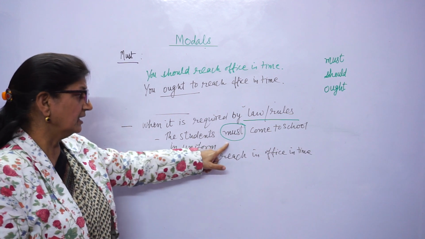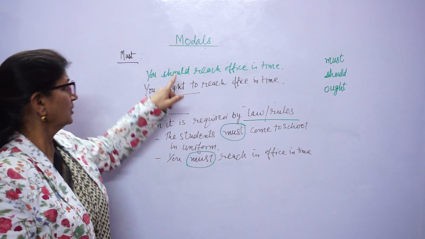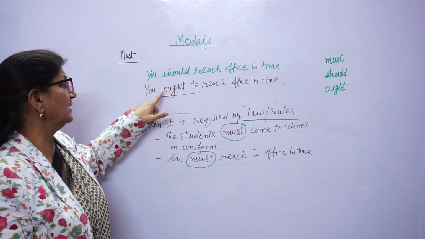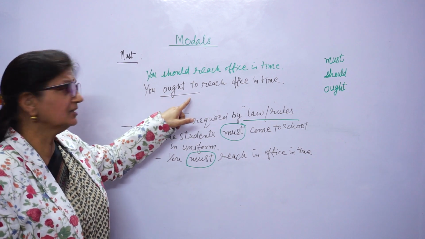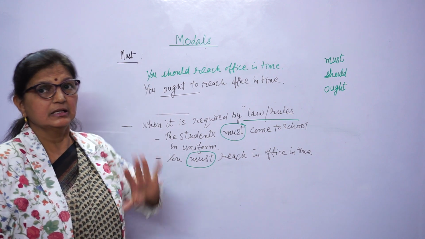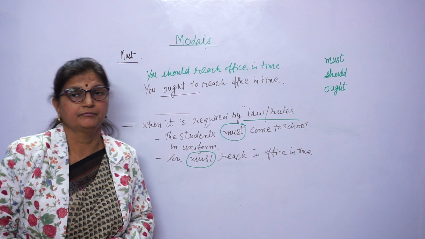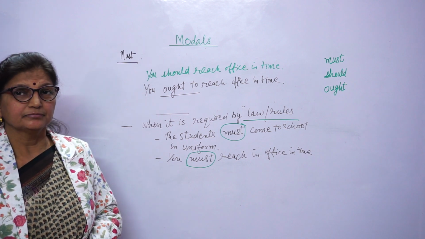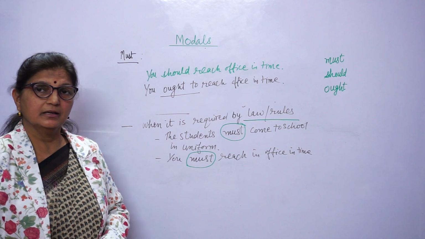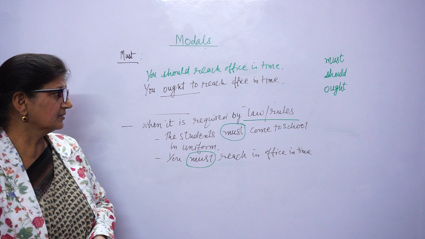Okay, here compulsion required by law and rules, must; should, desirable; or ought, moral obligation but a bit more formal and more emphasis. ये तीनों में आपका इस यूज में डिफरेंस. Okay, I hope it's clear now, and in the next video some more modals will be discussed.